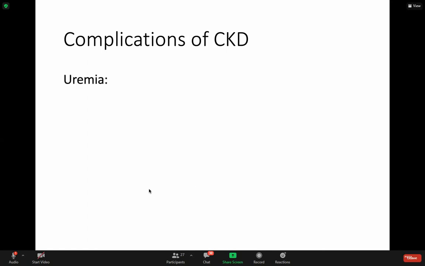Okay. So uremia. When you have very high toxins in your body, that may result in symptoms suggestive of uremia. What are the symptoms suggestive of uremia, guys?